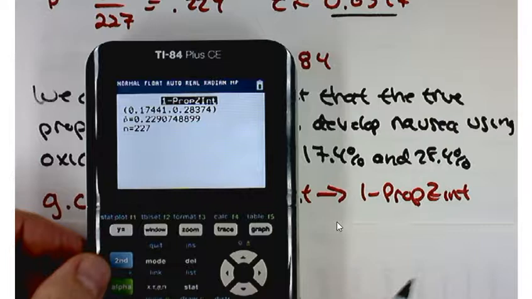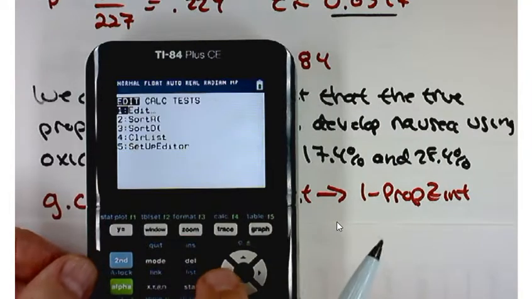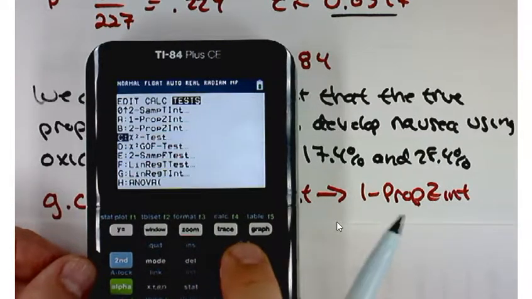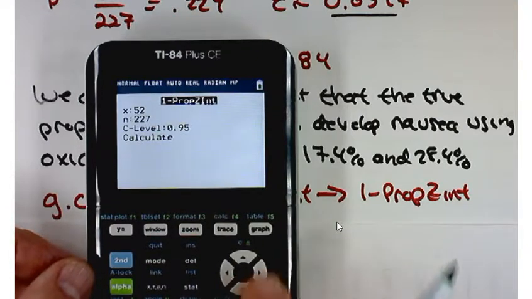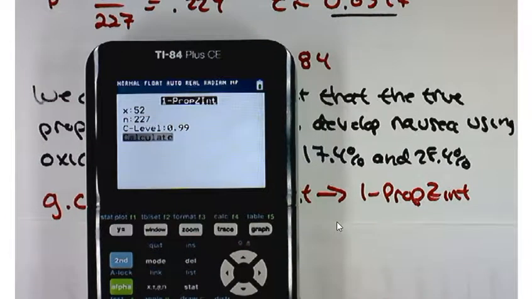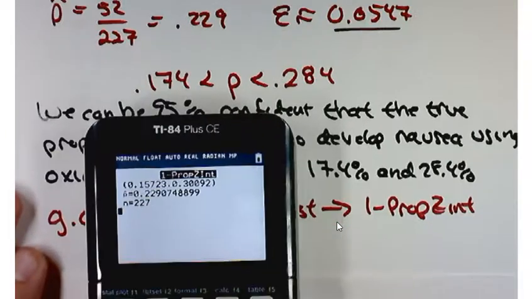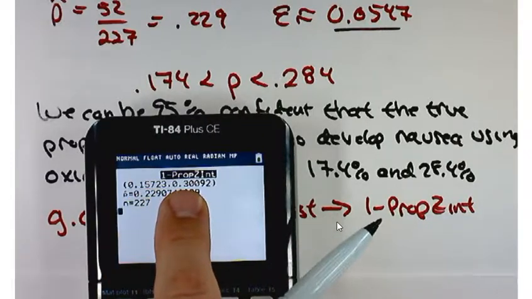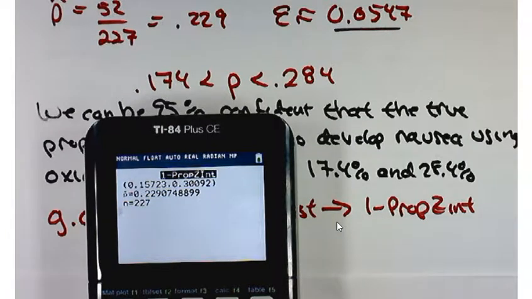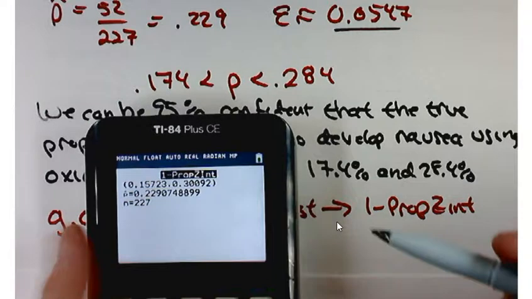Let me go back, at least here, stat, over to test, one prop z interval and do 0.99. And let's see what happens to the interval now. And it does get wider. It's going to go from 0.157 to 0.301, call it. So it's a couple points wider on either side. So that makes sense. It's in line with our expectations.